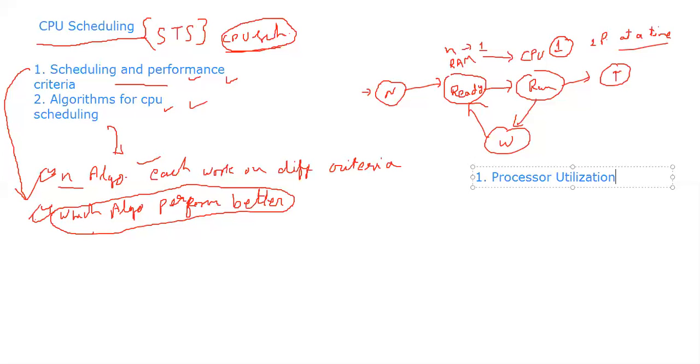On an average, how much time is the processor busy? Suppose in 1 hour, on an average, 30 minutes my processor is busy and 30 minutes it is idle. So whatever algorithm I am using to schedule different processes, it's not that efficient.